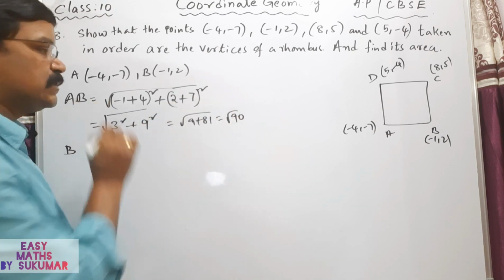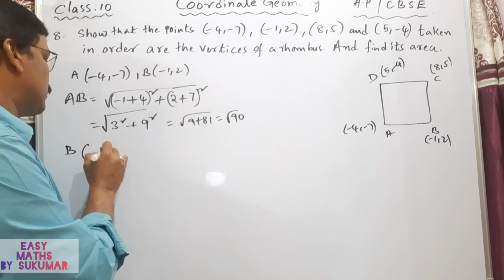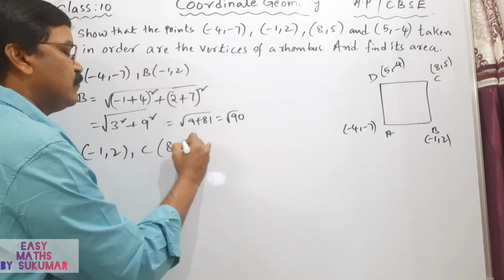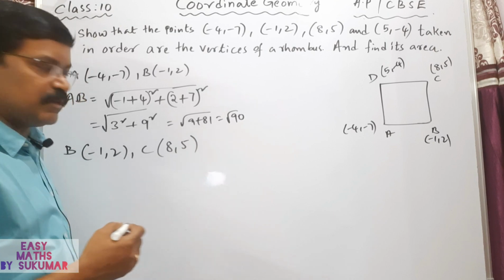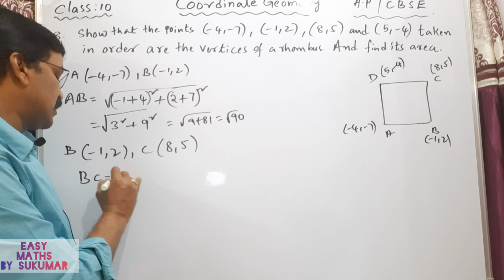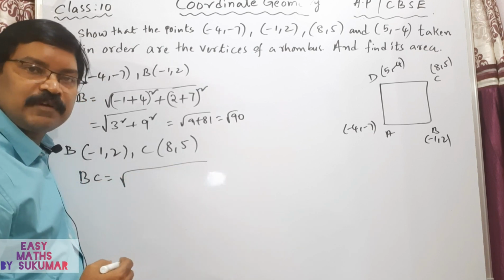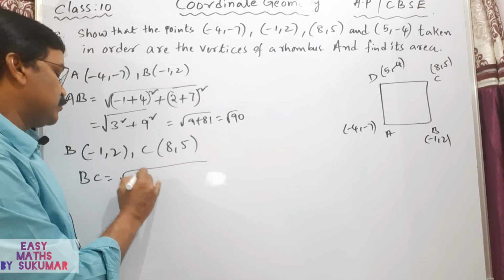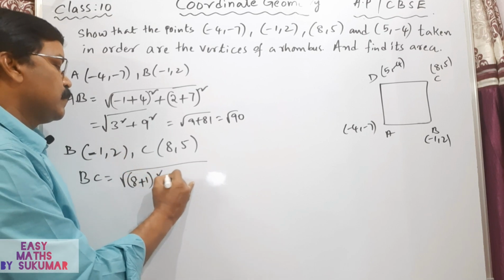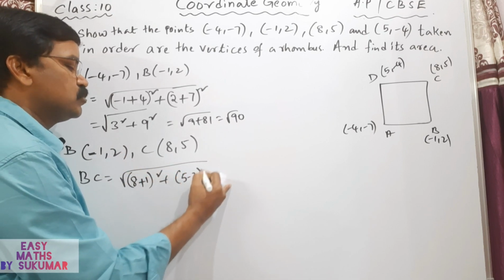What is B here? B is -1 comma 2, and C is 8 comma 5. Let us find the distance between B and C here. So BC is equal to, again we use the distance formula. So that means 8 minus of minus here, this is plus 1 whole square plus 5 minus 2 whole square.